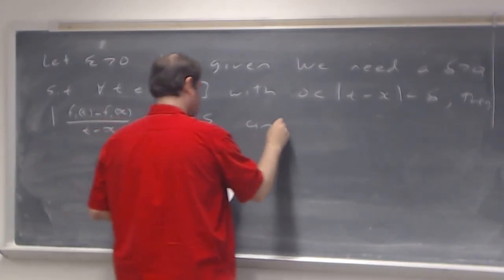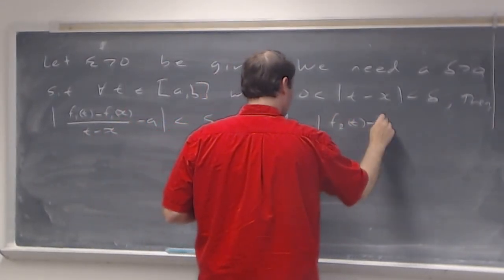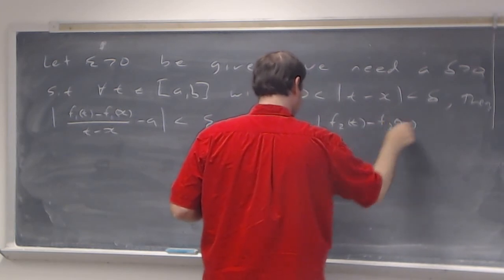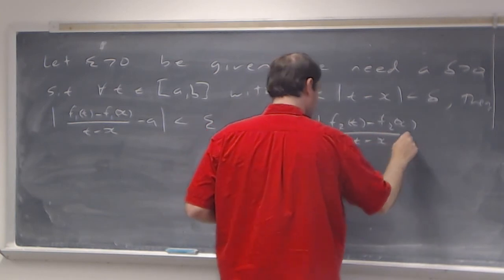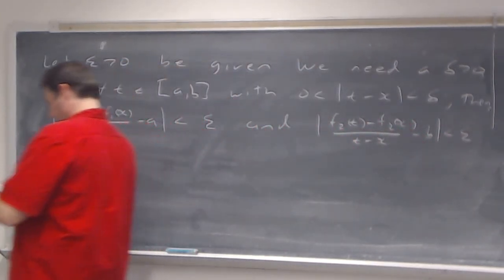And also f sub 2 of t minus f sub 2 of x over t minus x, minus b, will be less than epsilon. So we'll show both of these things.